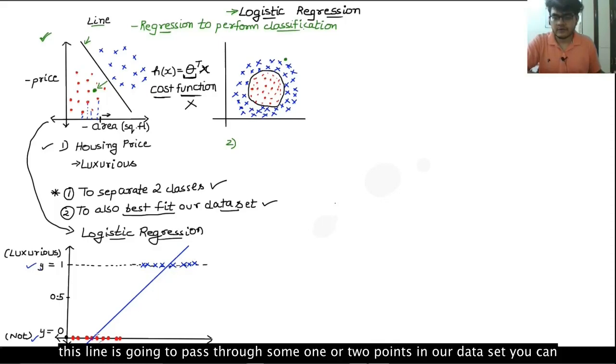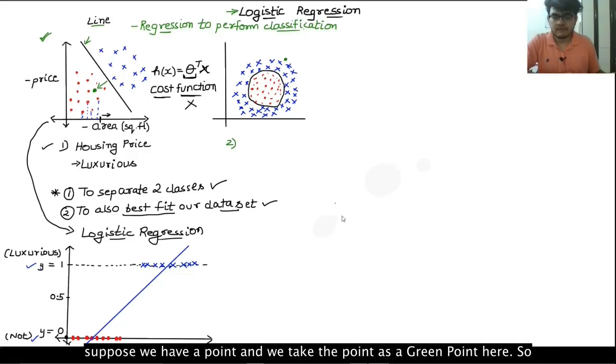You can see this line is not even passing through many of the points, but it is trying to pass through the data points of our classes. So this means this line is also a fit, it is fitting our data set, and it is also separating the two classes. So let's see how this line is separating these two classes.